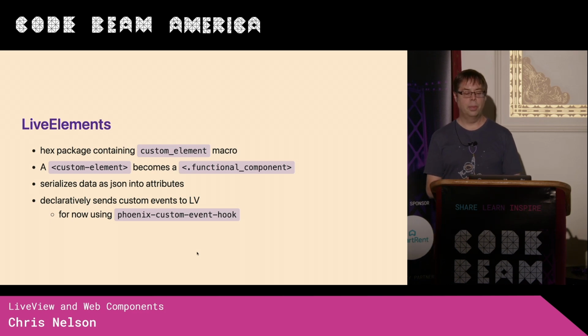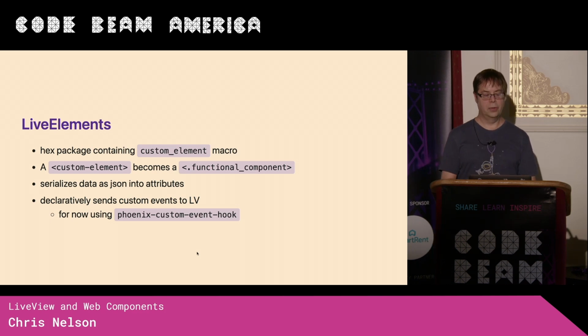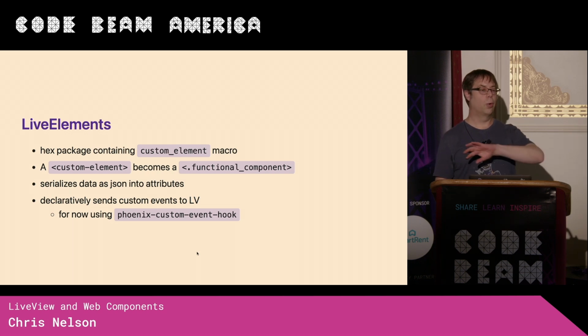That wrapper will do two things for you. It will take care of serializing any data that's beyond a simple primitive value as JSON when it sends it along. And it will also let you declaratively specify the custom events that you care about, and then it will take care of wiring them up to the Phoenix custom event hook, so you don't have to do that work yourself.